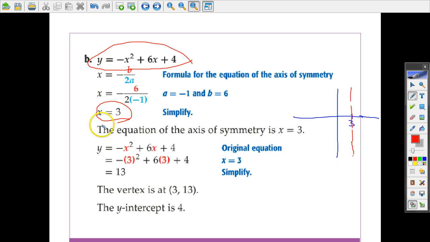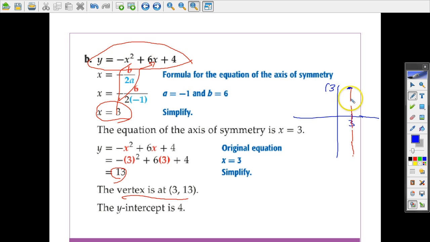Once you find your 3, you put your 3 here and your 3 here, and when you solve this, you have y equals 13. That means 3 and 13 is your vertex. So 3, and let's say 13 is way up here. That's your vertex.